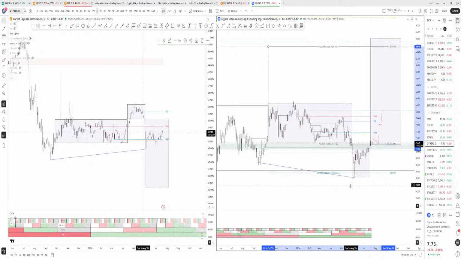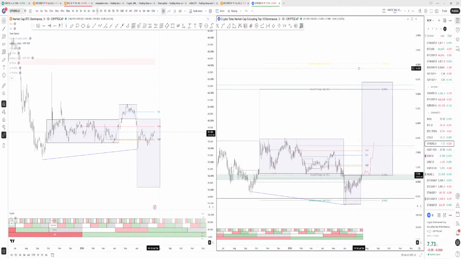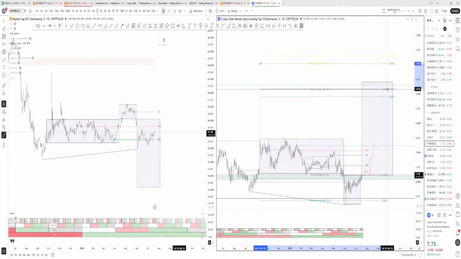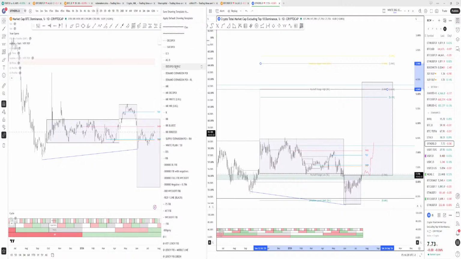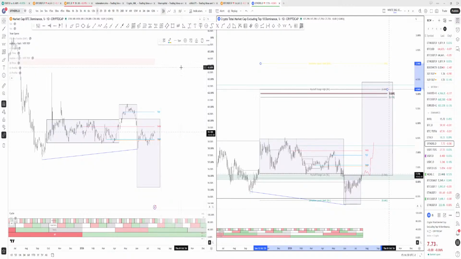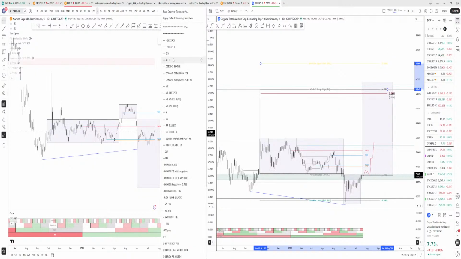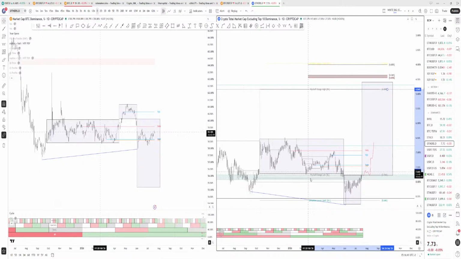This is where we had that high, and others dominance should top around this level, around here, either at 4%, but very likely we will get a reaction slightly lower. I will show you exactly where. No, that's not the one I want. Oh, we can use it anyway, it's okay.